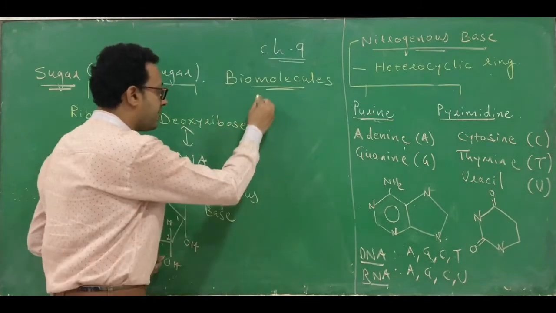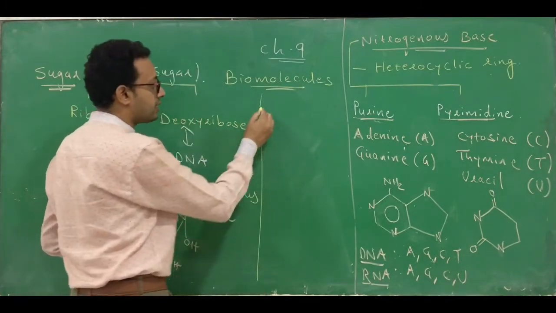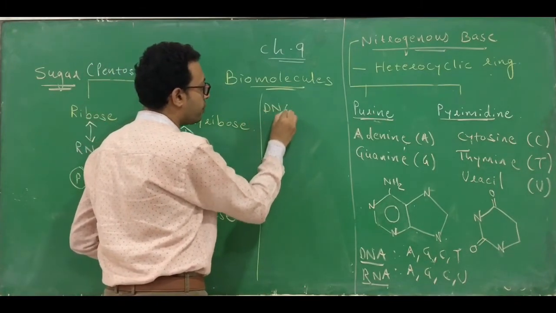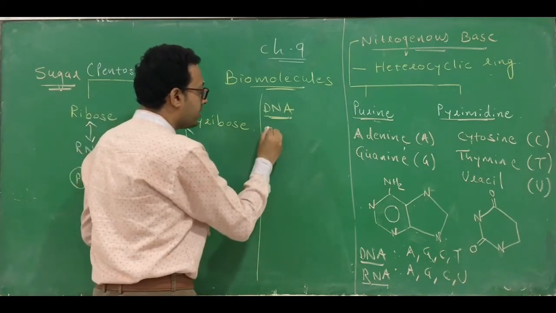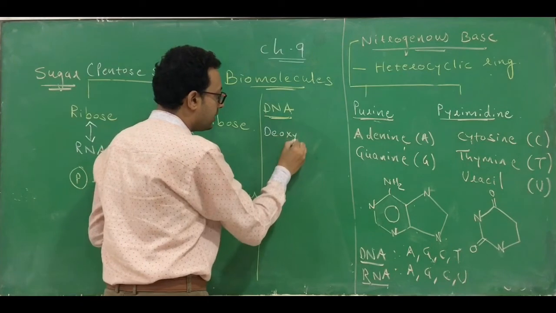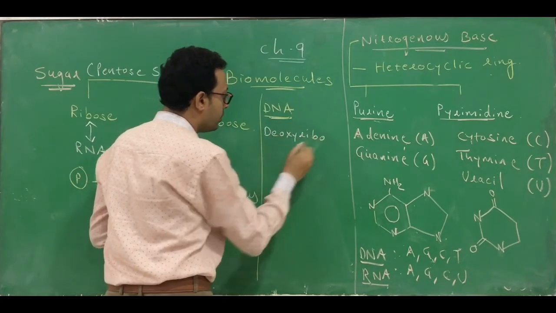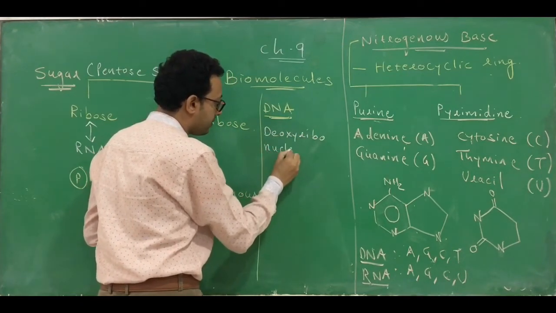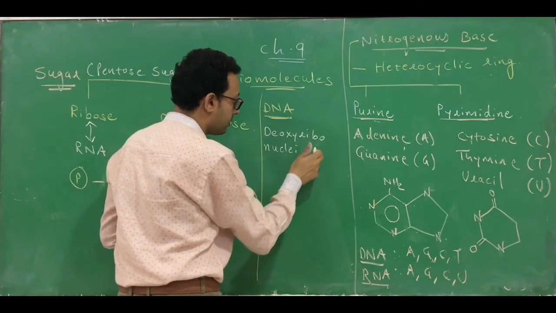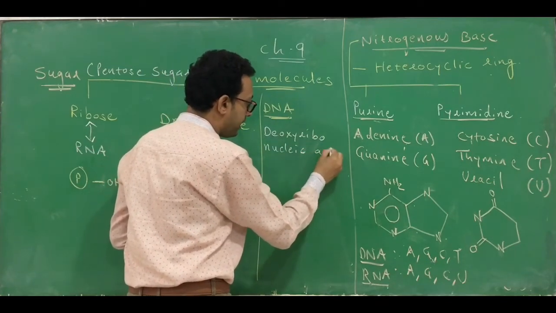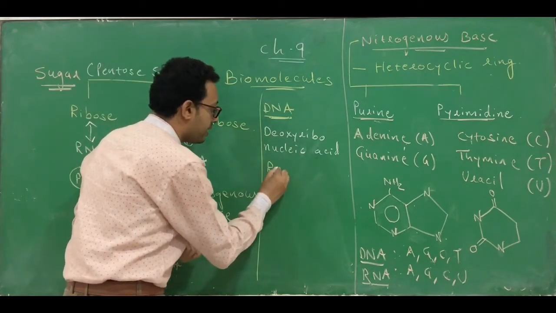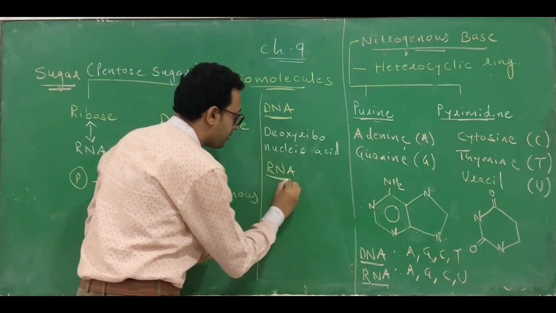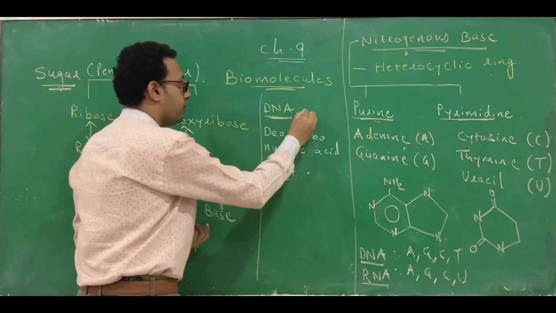And I am writing over here the full forms of two nucleic acids. First is DNA. What is its full form? Deoxyribonucleic acid. The other one is RNA. What is the full form of RNA?